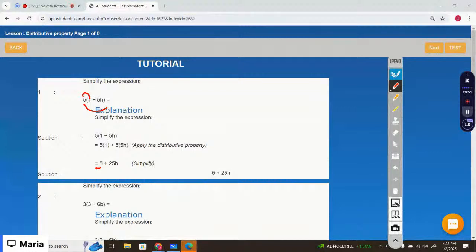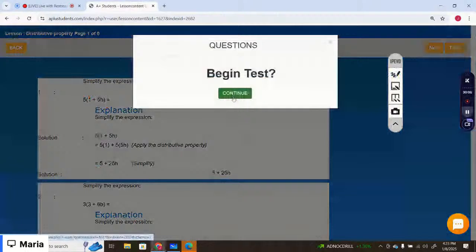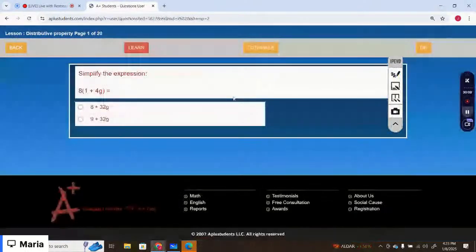Let's just start with the test questions. Simplify the expression 8 times (1 plus 4g). So how do you simplify?